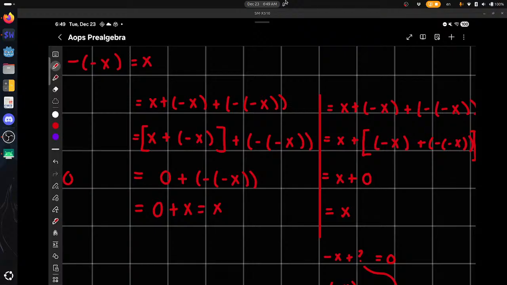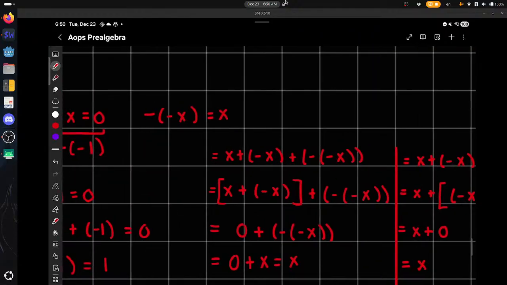We can prove. I'm just thinking here. What are we trying to prove? We're trying to prove that double negation equals x.